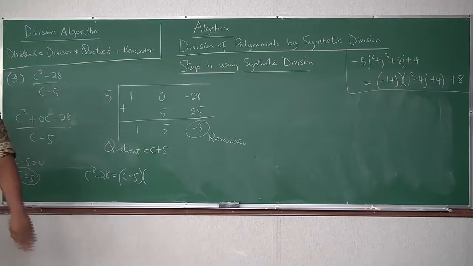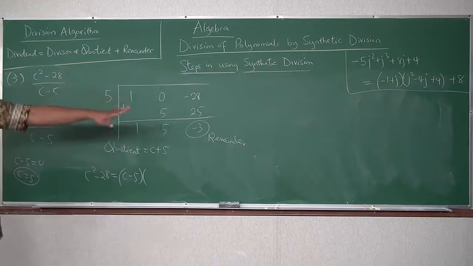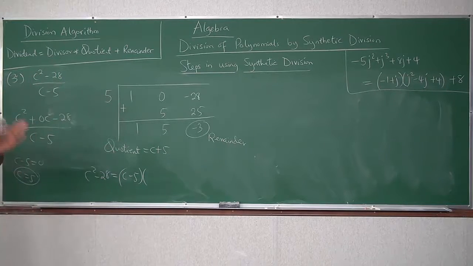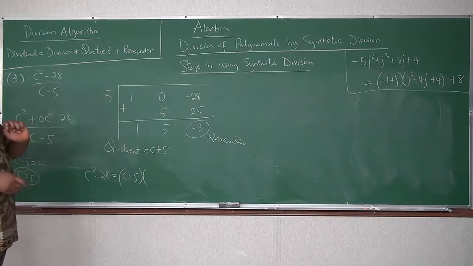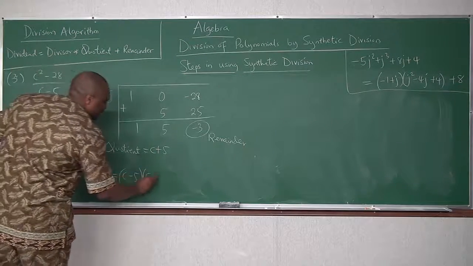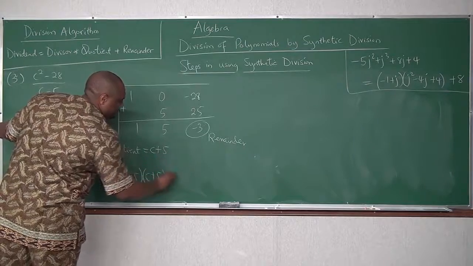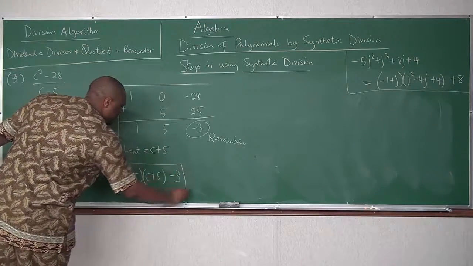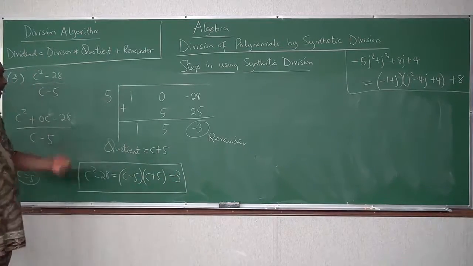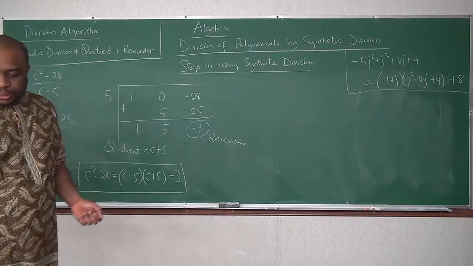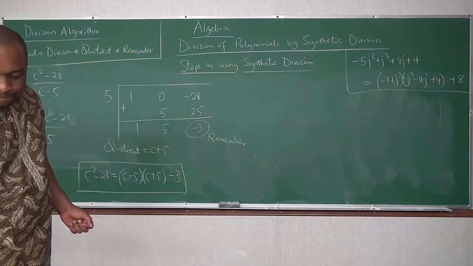I like to write it in that format with the original equation right away. So this is c minus 5, which is the divisor, times the quotient, then plus remainder. And this becomes your answer here. That one is correct.